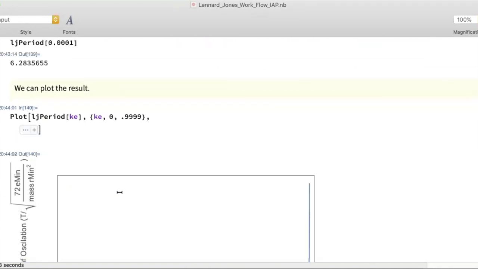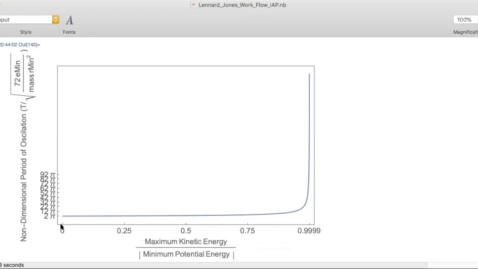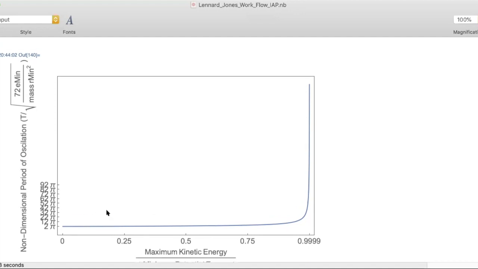Okay, so we went and plotted this, and what we see is that, well, this isn't formatted very well. What we see is that the period starts around 2 pi for initial kinetic energies which are around 0. And then as the kinetic energy approaches 1, the system diverges to an infinite period of oscillation.